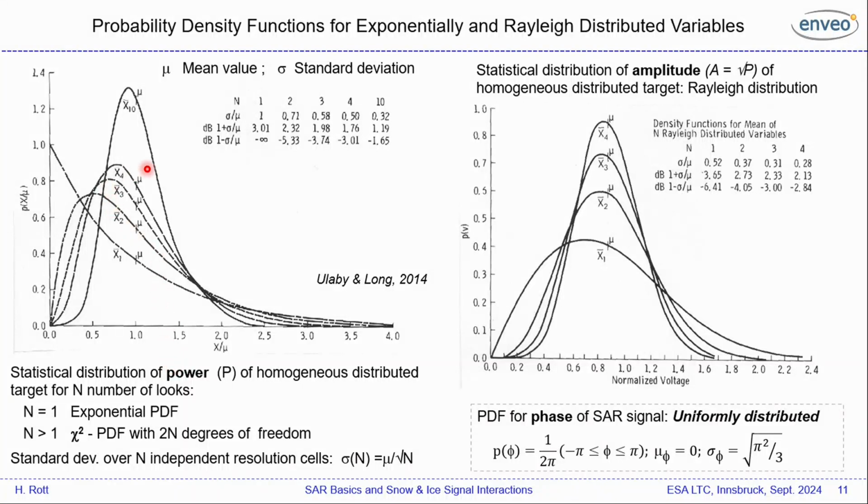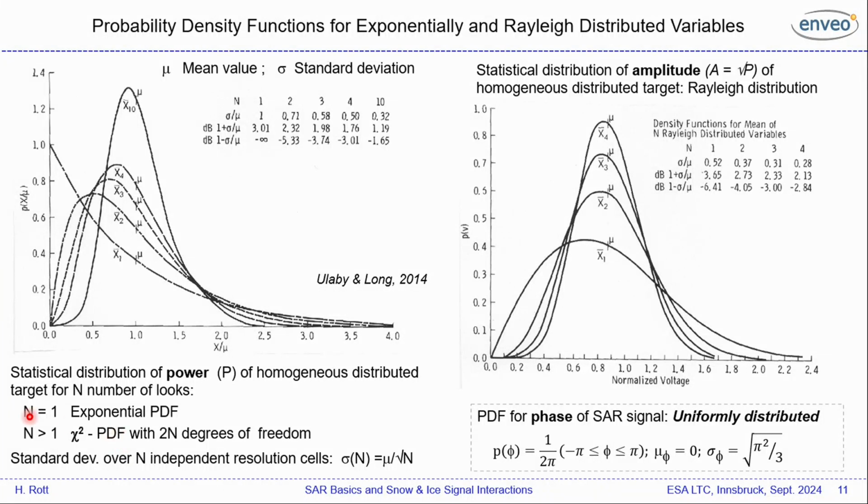For this we have this type of frequency distribution, probability density distribution, for one look, which means full resolution, 1 pixel, which corresponds exactly to the azimuth and range resolution. We have an exponential probability density function.